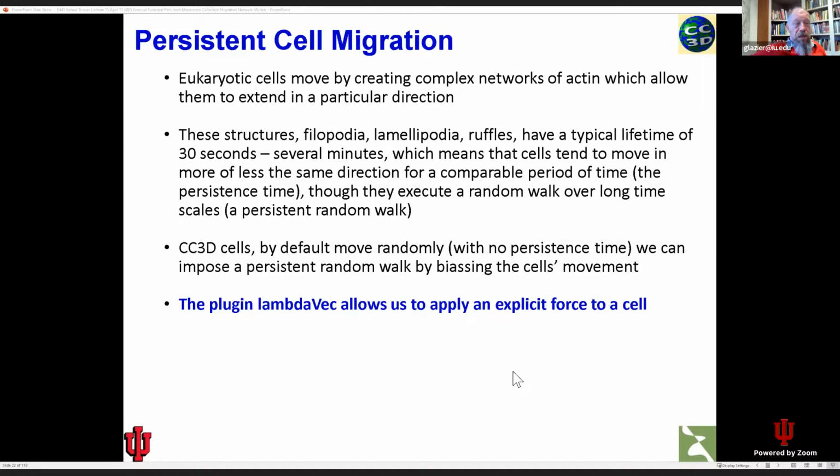Lamellipodia, where the cell has a sheet-like lamellar structure, which it extends over usually flat surfaces. And then ruffles, which are the three-dimensional equivalent, or what's called the amoeboid movement. All of these structures are built using actin and myosin.